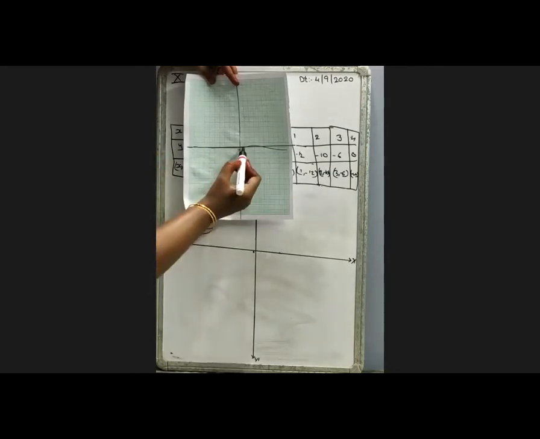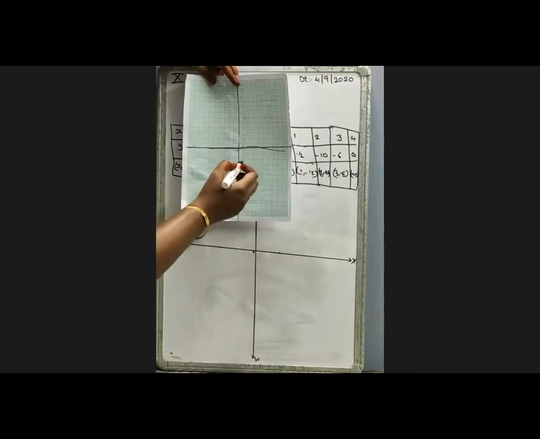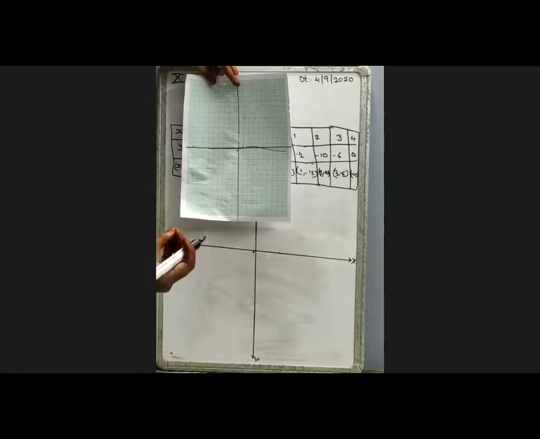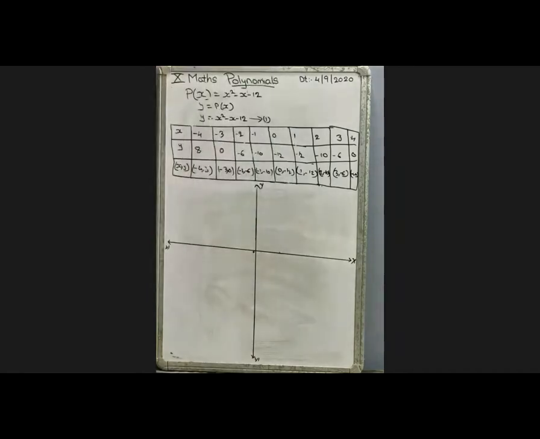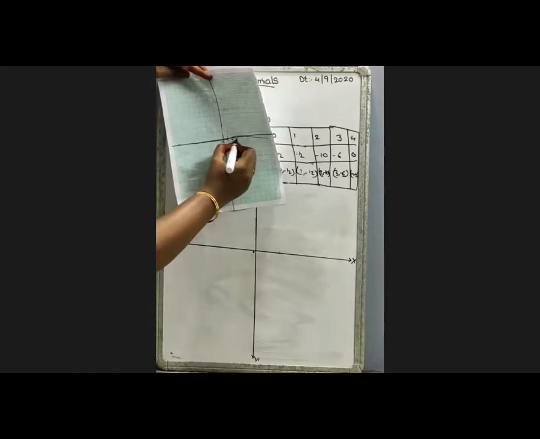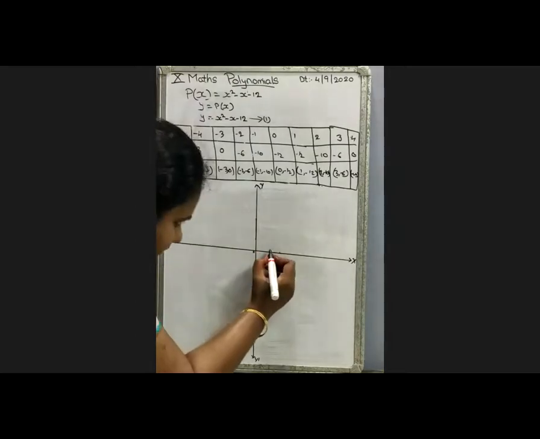From here to here there are 10 lines inside. Don't count those lines. Just count these bright lines, not the dull lines. So take it as 1, 2, 3. Like that we can take one. Here also I'm taking like that only.